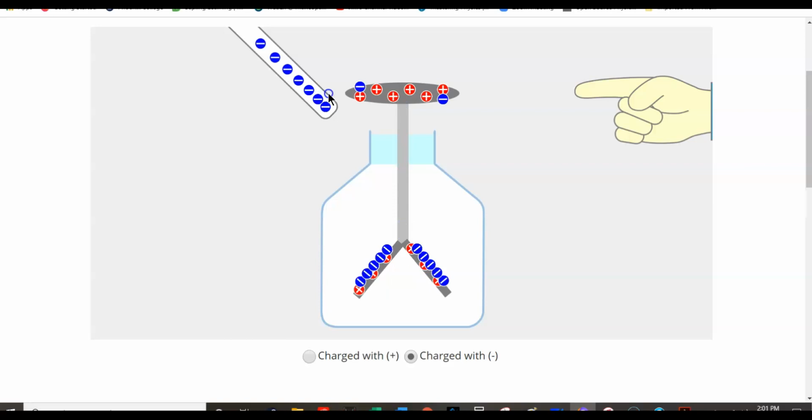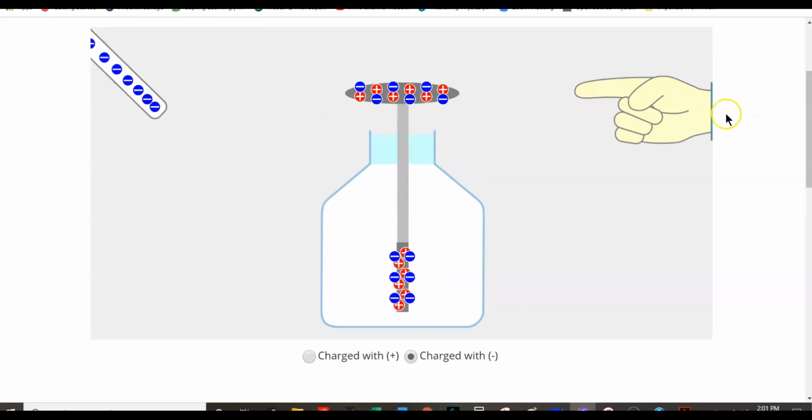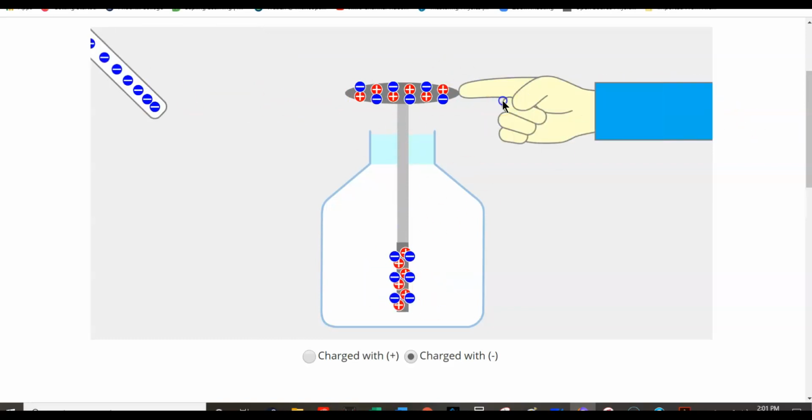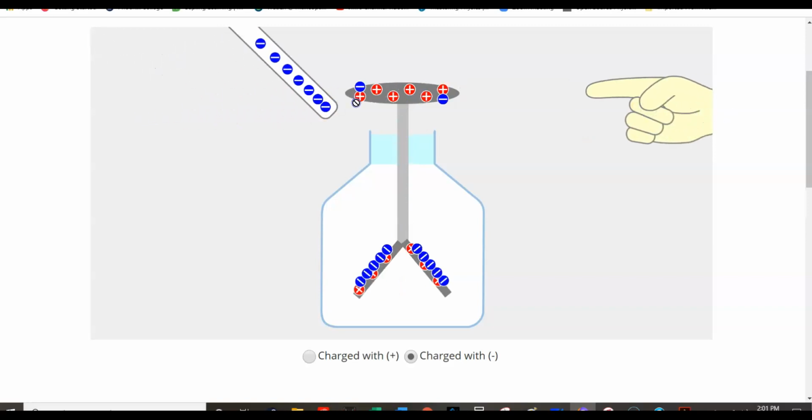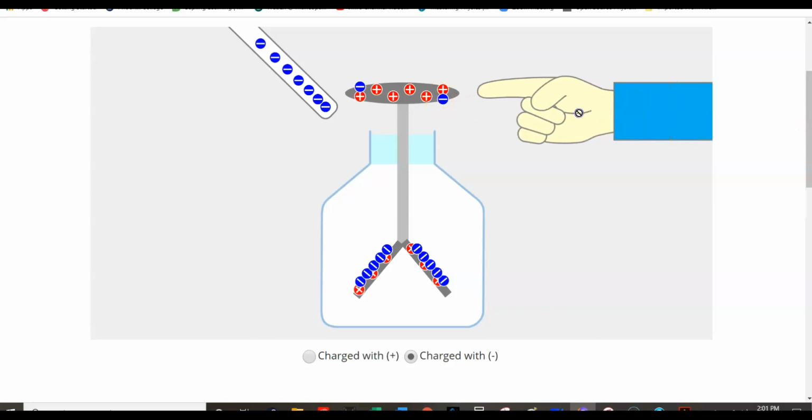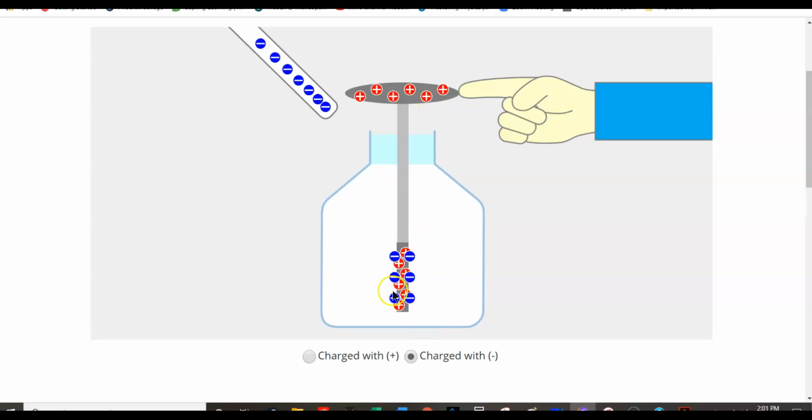So again, this is a neutrally charged electroscope. My hand is neutral, so they're not doing anything. You don't see any electrons transferring between the objects, my hand or this electroscope. So I'm going to bring this guy closer. And notice the electrons again come to the bottom. Well, what do you think is going to happen when I touch my finger to this? The excess electrons are going to momentarily jump off of this and jump onto me.